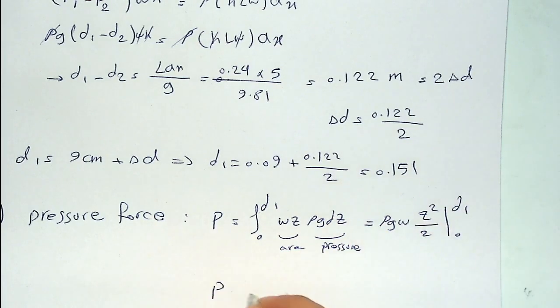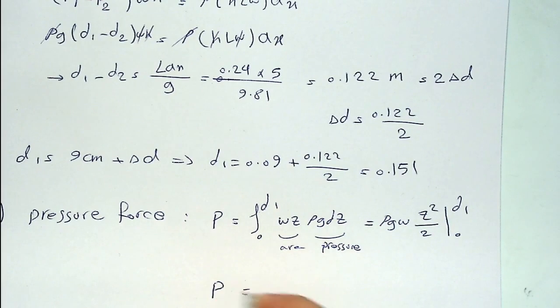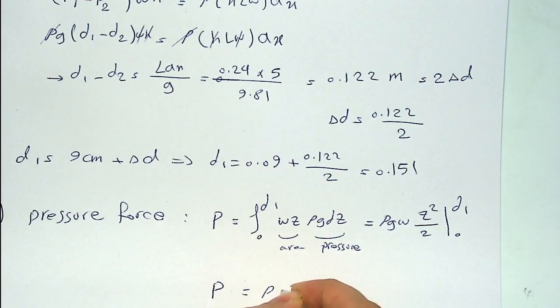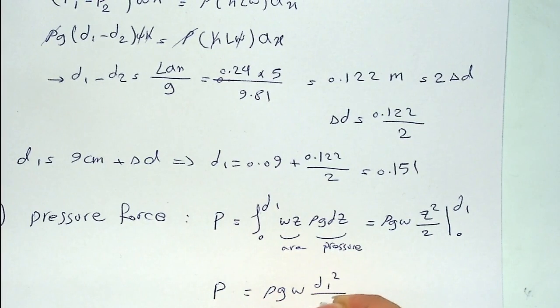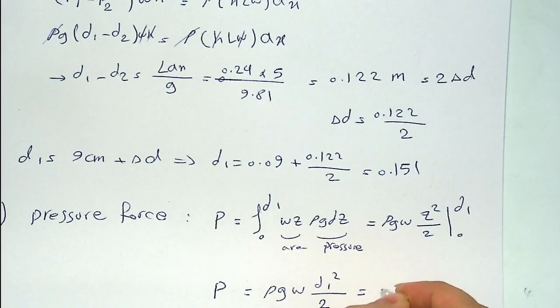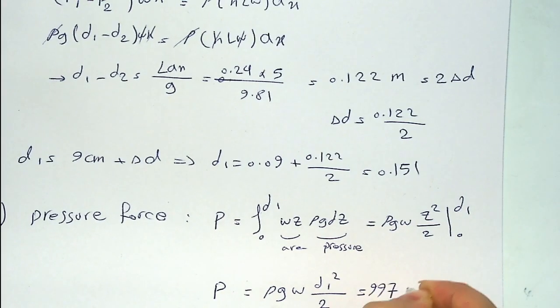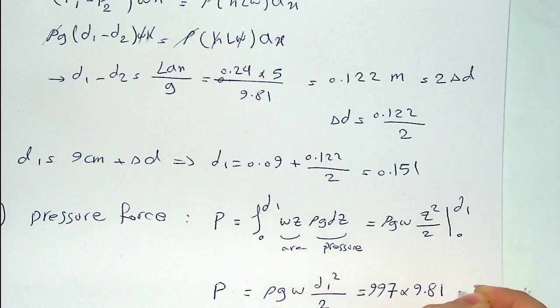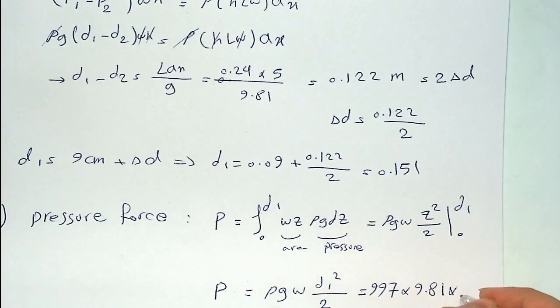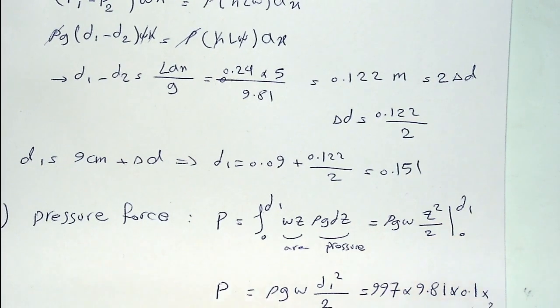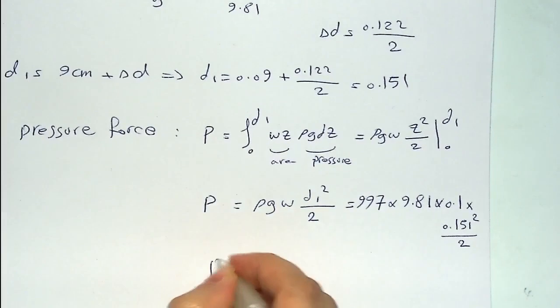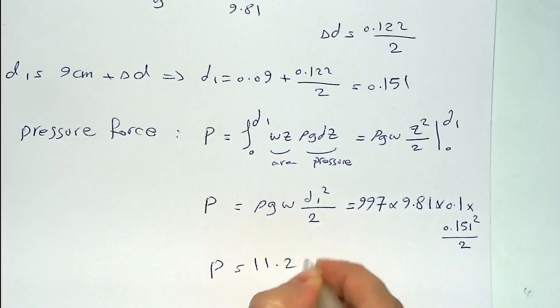In that case, the pressure force would be rho GW D1 squared over 2. Now you have everything. You have the density, you have the gravity, you know the W given to us in the question as 10 centimeter. And we already calculated the D. So the pressure force is equal to 11.2 Newton.